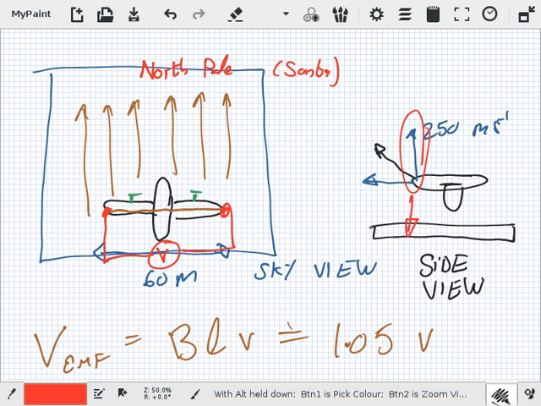But as soon as it reaches its cruising height, no more voltage, because the area is not changing. The area here is increasing as it climbs, perpendicular to the field. So only while it's taking off and landing will it read the voltage across the wingspan.